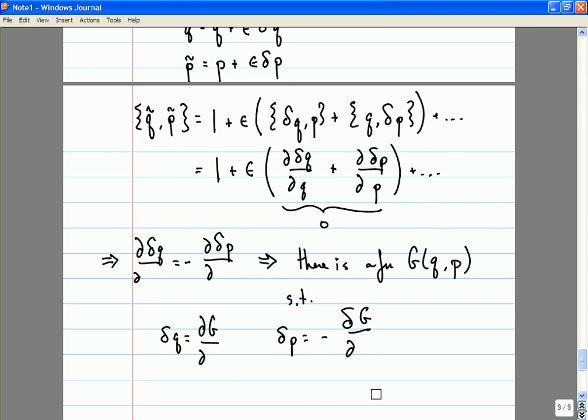Okay, so delta Q is dG by dP, and delta P is minus the derivative of G with respect to Q. Good.